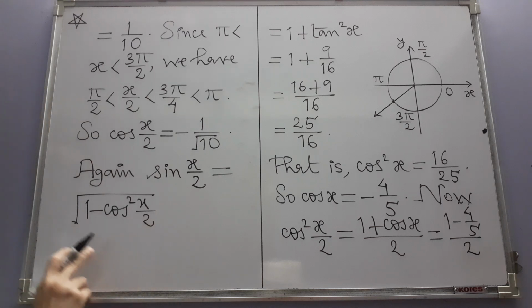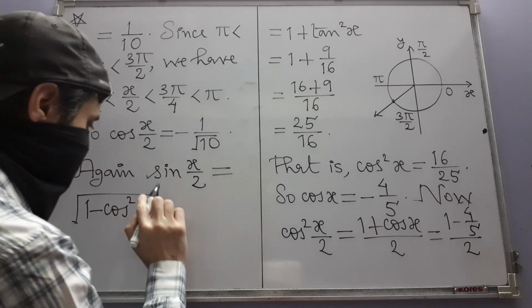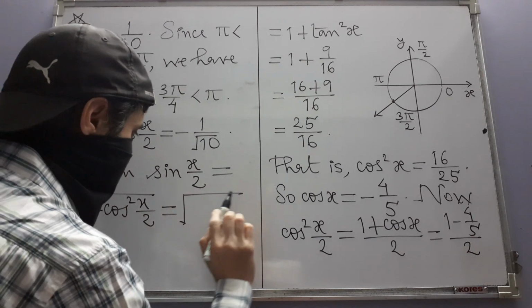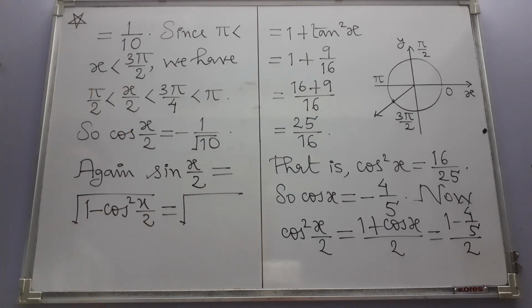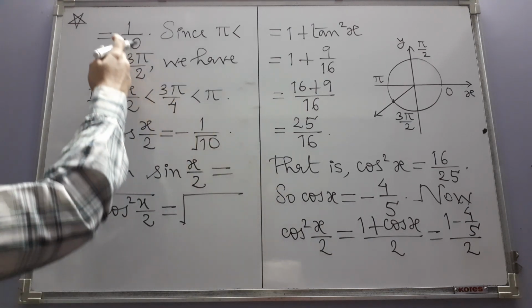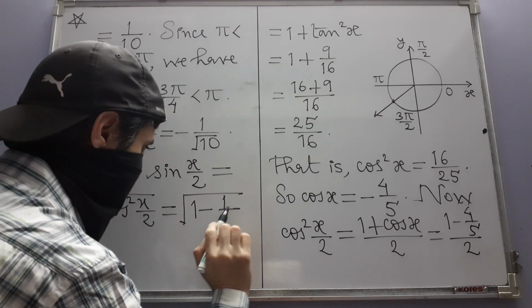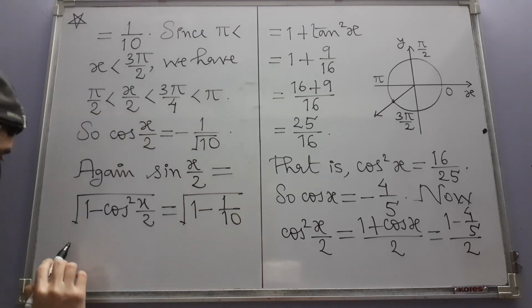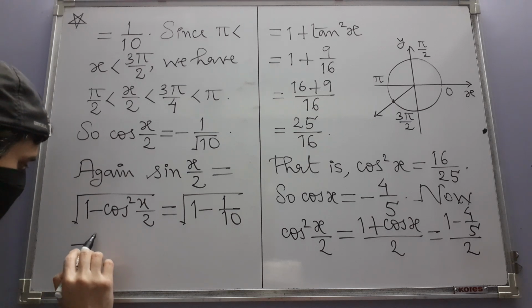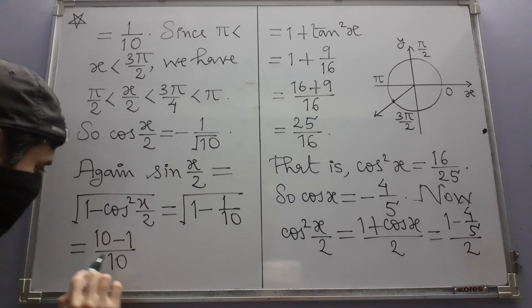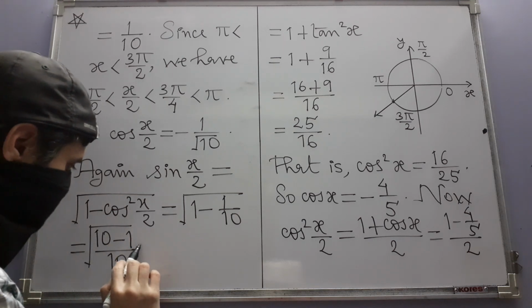Because sine x over 2 is positive, we do not write a minus here. It's our ordinary square root of 1 minus cos square x over 2. So if you now substitute the value of cos square x over 2, which is 1 over 10, that means 1 minus 1 over 10, which is 10 minus 1 divided by 10. In fact, it's square root.